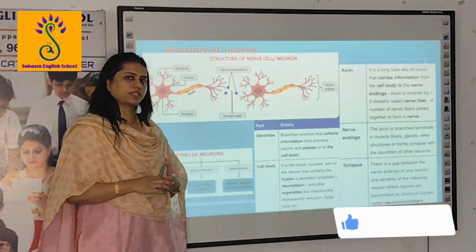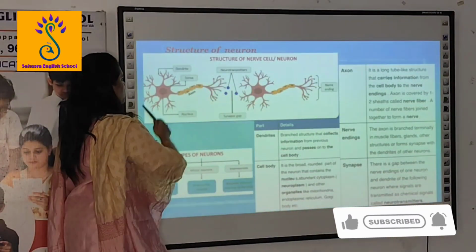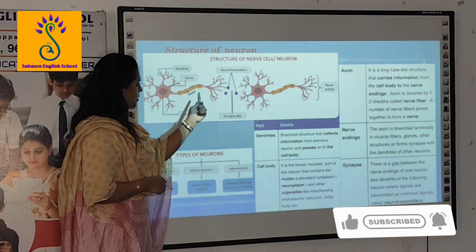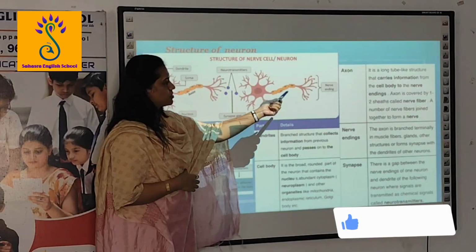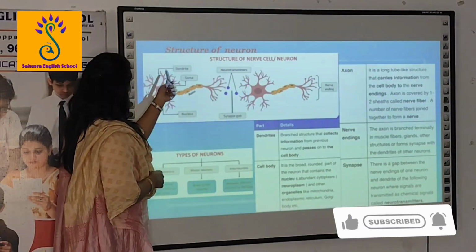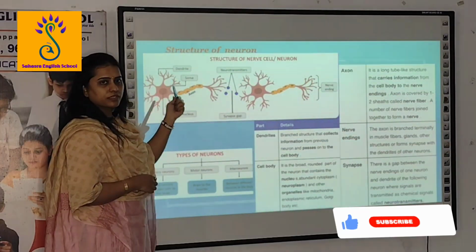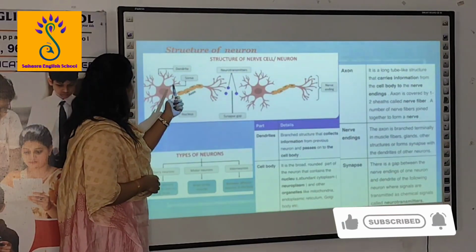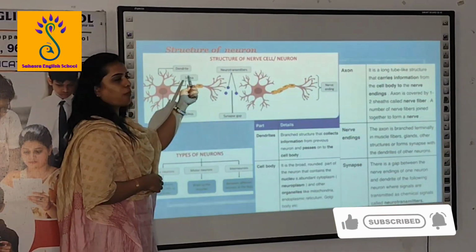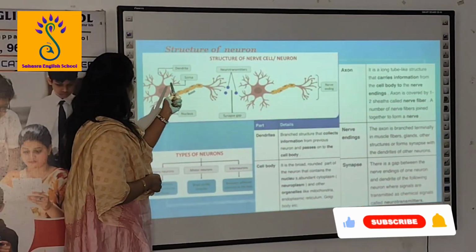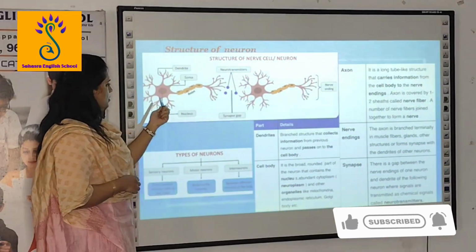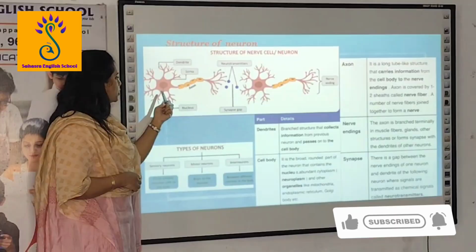Now we'll see the structure of a neuron. Look at the picture. This is one neuron. It has these branch-like projections, isn't it? These are called dendrites. This is the cell body or soma, the larger part of the neuron.